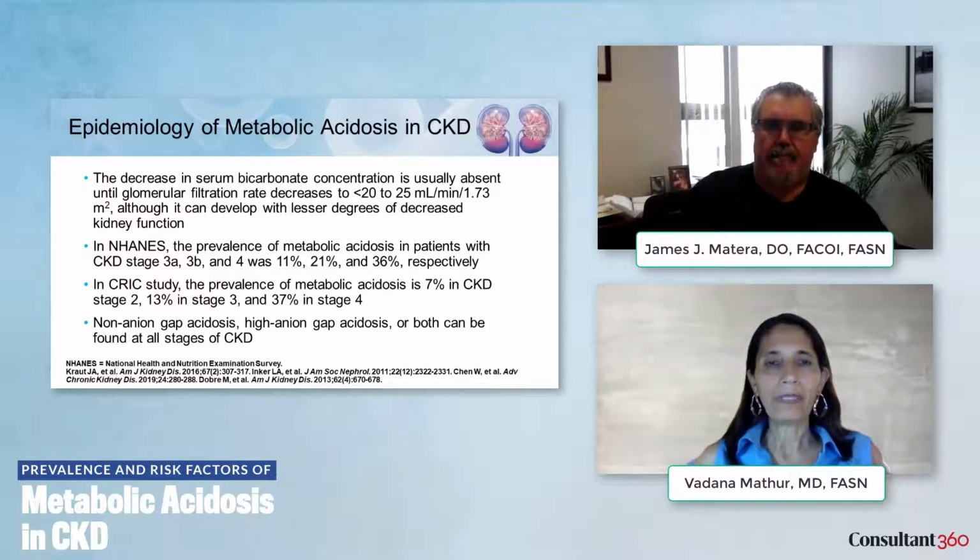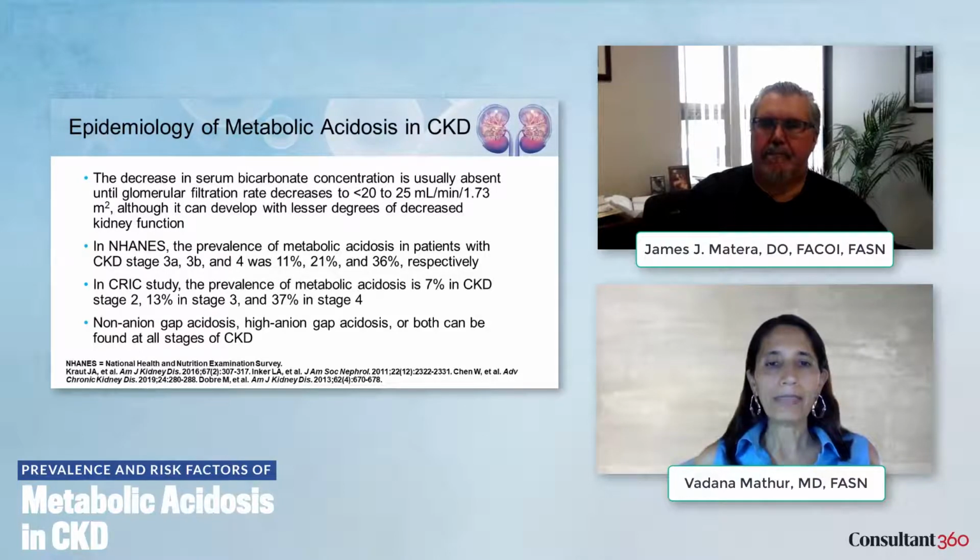One of the more nuanced points to keep in mind is that by the time the bicarbonate falls, this metabolic acidosis in the CKD patient has been going on for a while, because, as we'll talk about, various buffer systems are kicking in to help maintain this bicarbonate in the face of ongoing acid retention.